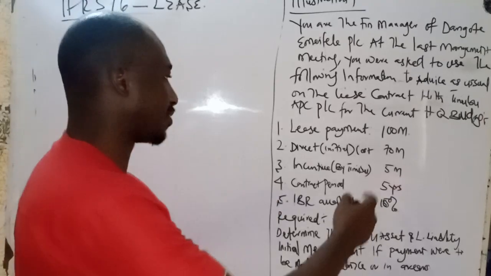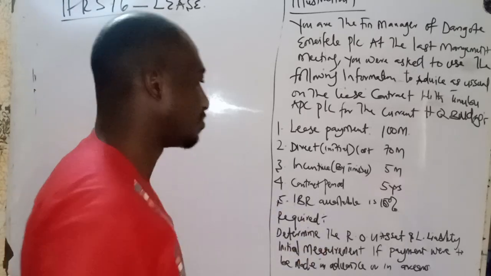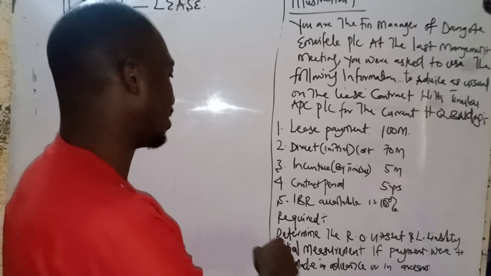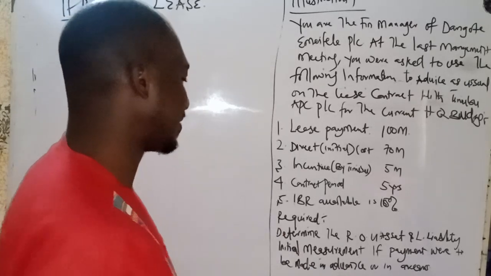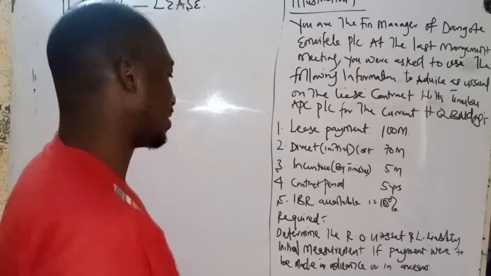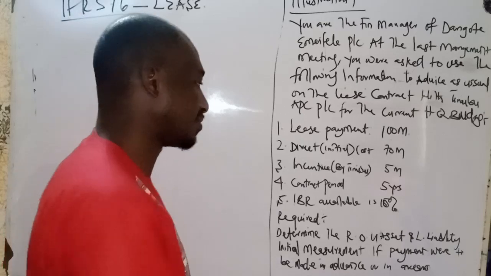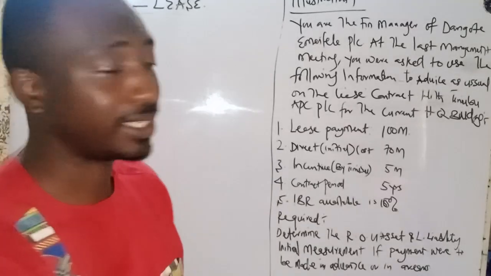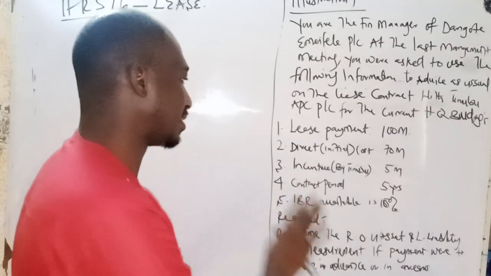Then the contract period will be 5 years. And the incremental borrowing rate available is 10%. You are required to determine the right of use asset as well as the lease liability initial measurement if payment were to be made in advance or in arrears. That is, if this lease payment is to be made in advance or in arrears. So that is an illustration.